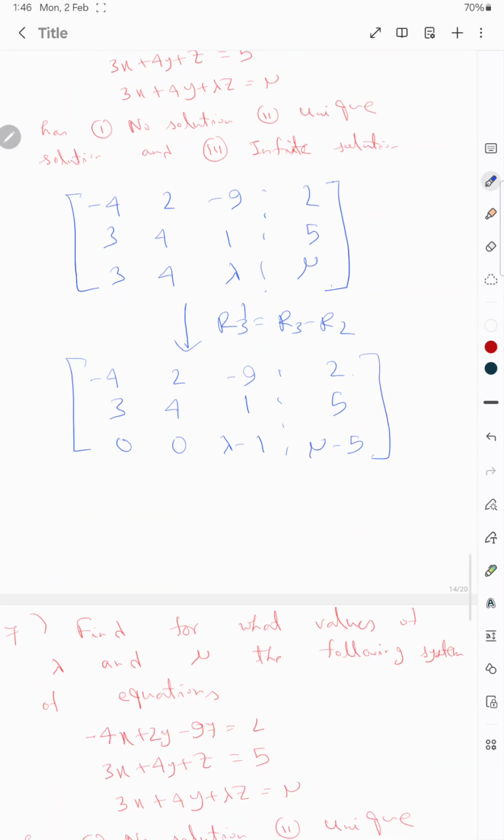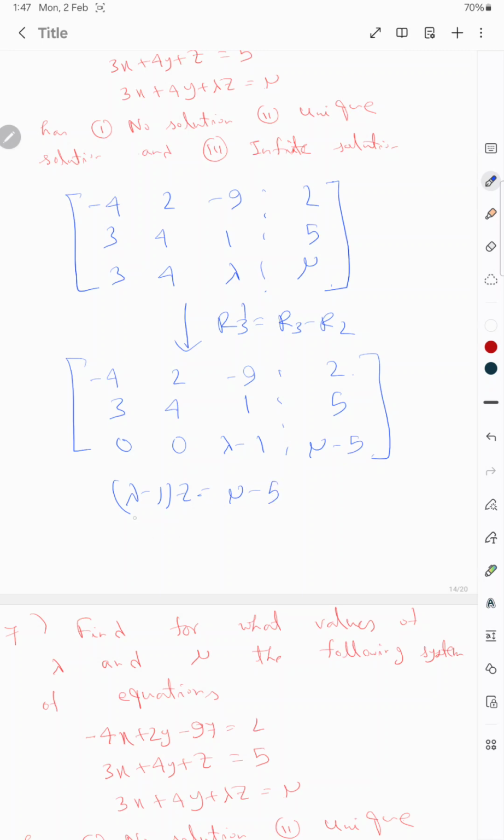Okay, so you see if your lambda equals 1 and mu is equal to 5, this has rank 2, right? And if this is 0 but this is not 0, then you actually have no solution. Think in this way, because what this implies is basically lambda minus 1 into z will be your mu minus 5.